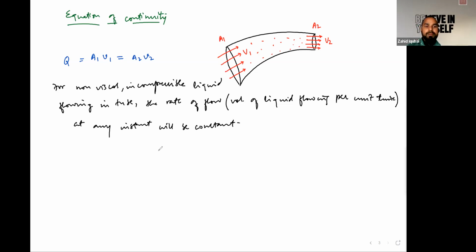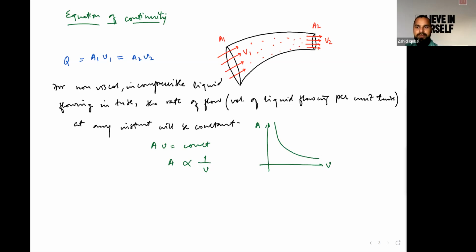So the product of area and velocity of liquid will be constant. So area and velocity are inversely proportional to each other. If area is small, velocity will be large. If area is large, velocity will be small, and vice versa.